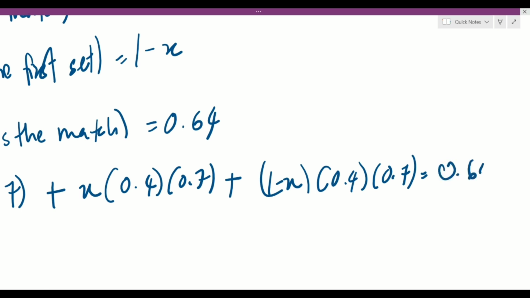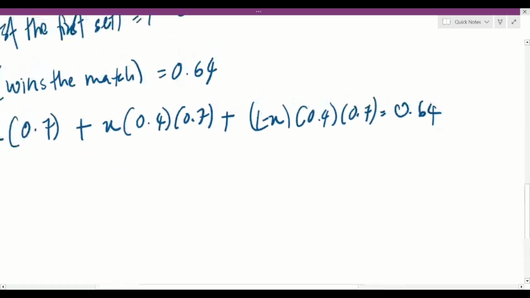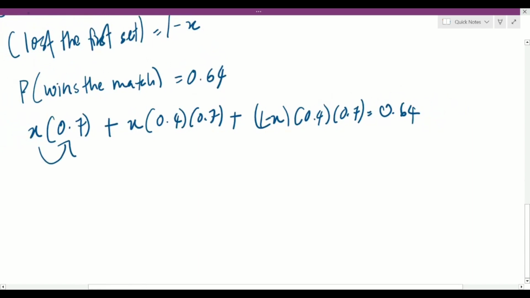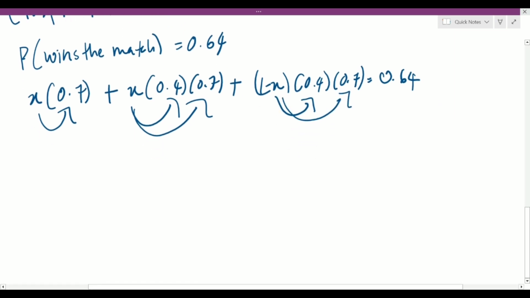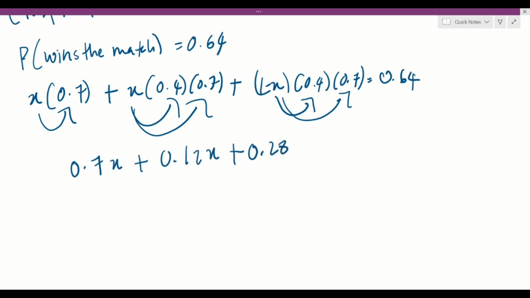Now you open all the brackets and multiply inside, and you will be left with 0.7x plus 0.12x plus 0.28 minus 0.28x is equivalent to 0.64.